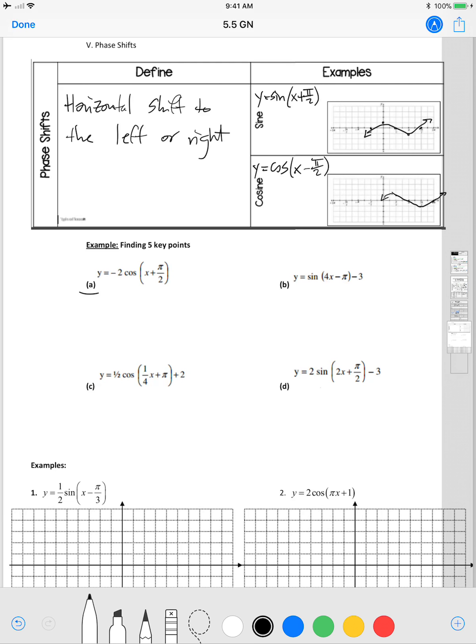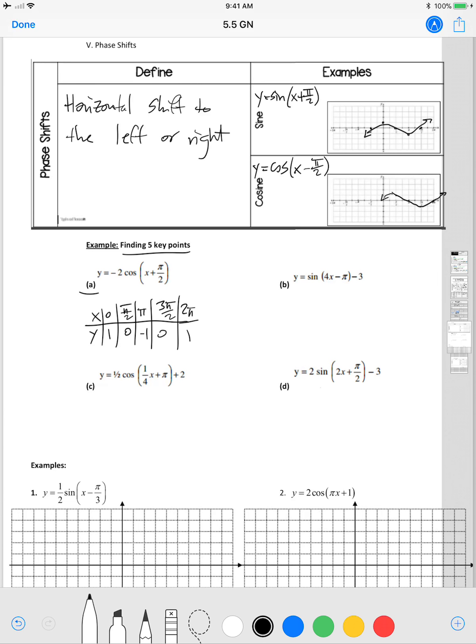So let's look at letter A. I have the cosine function. So if they want us to find 5 key points, I'm going to start, like I told you in the last video, with just the normal table for y equals the cosine of x. And then we'll transform these points and get our new transformed points without having to do any extra work.